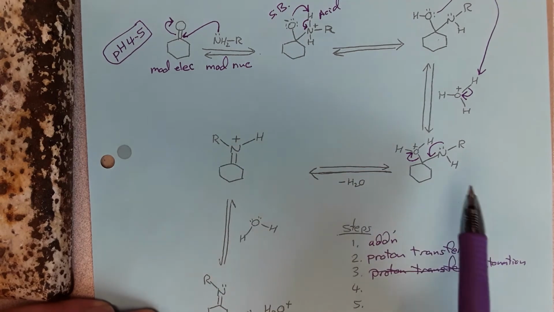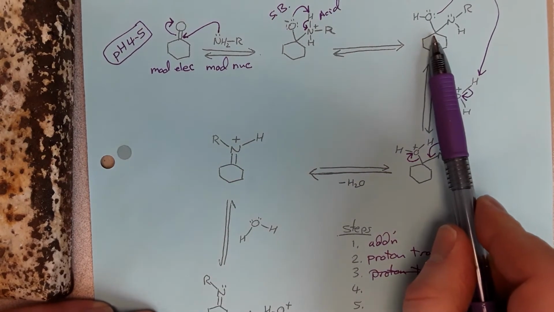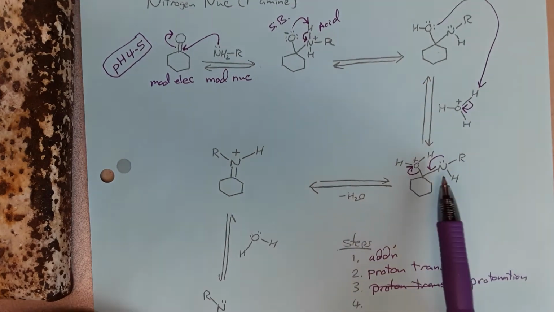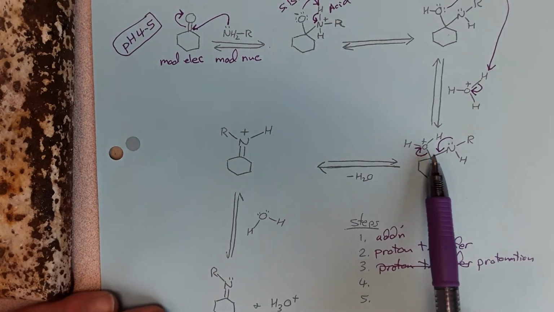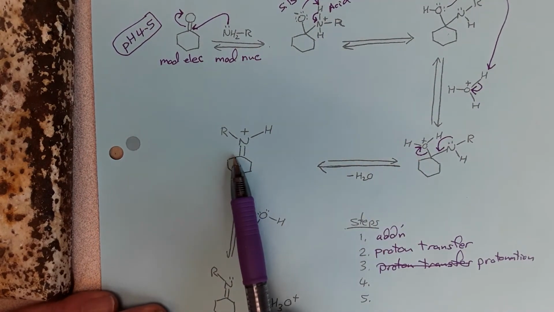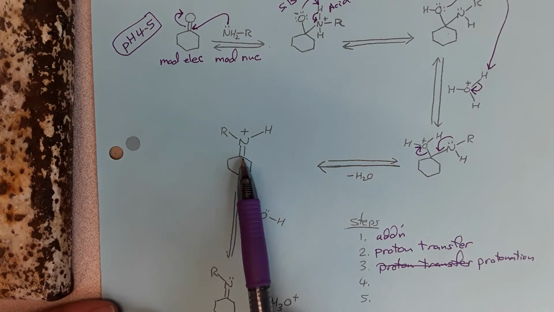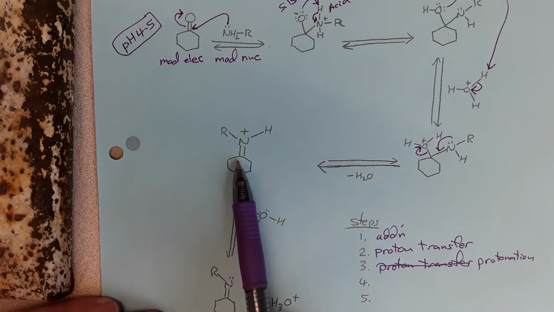And so again, we have a neutral intermediate, something with a net positive charge. We do something and it still has a net positive charge. And we always are looking for an intermediate that's either neutral or a net positive charge, not a +2 charge, not a -1 charge.